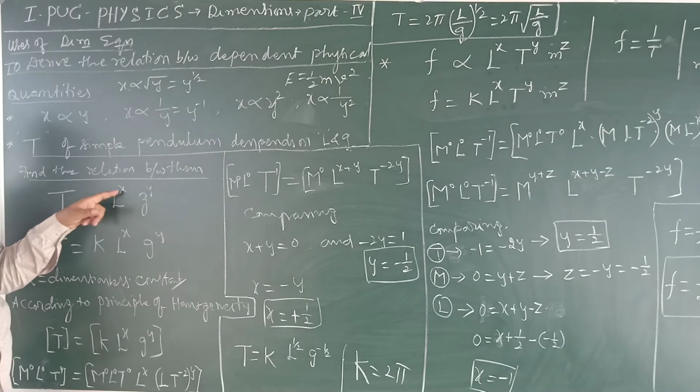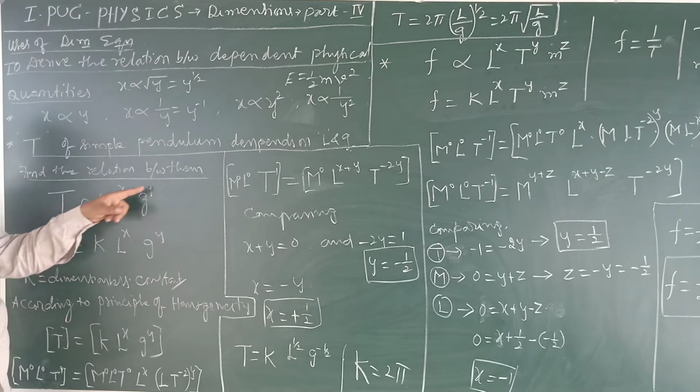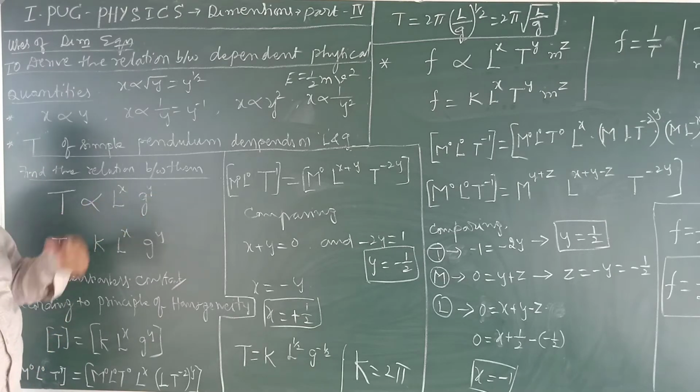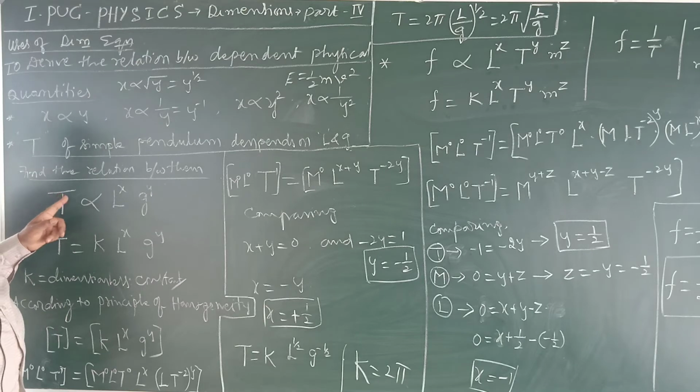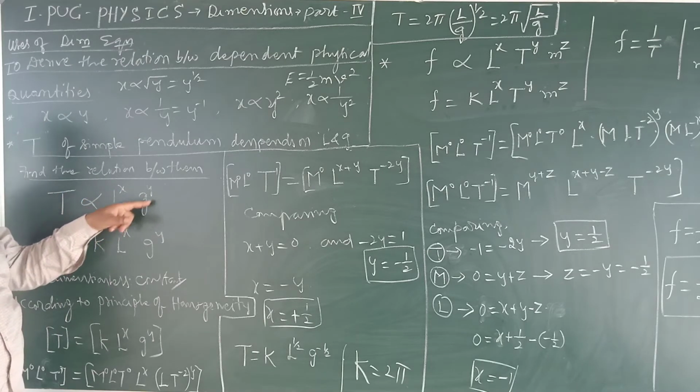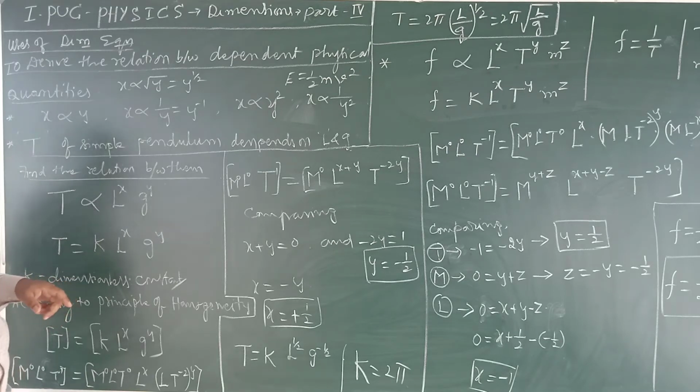I will call that x. If I know the value of x and y, I can write the relation very clearly: T is proportional to length power x, acceleration due to gravity power y. X and y are the powers, and they are to be found.